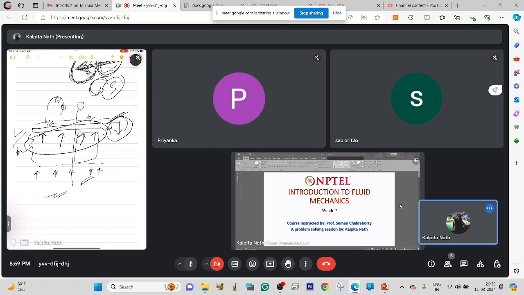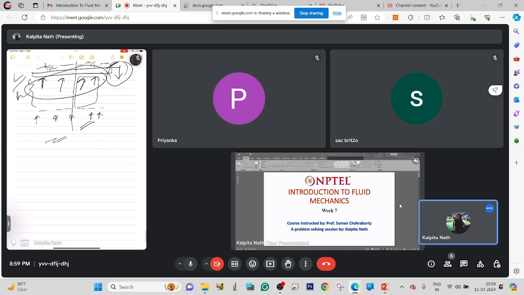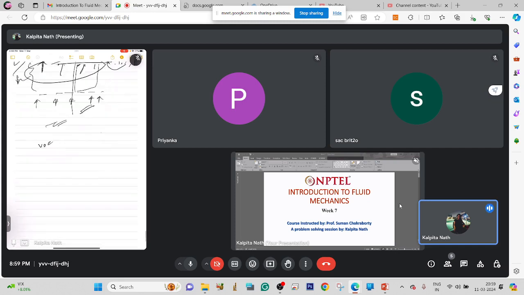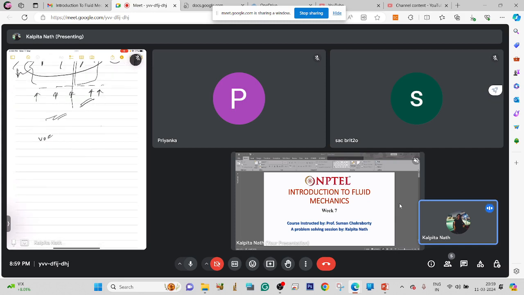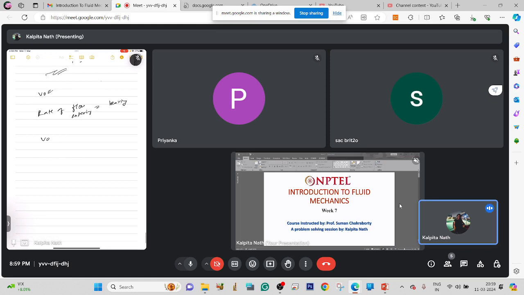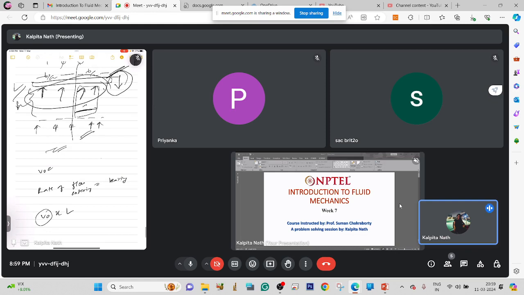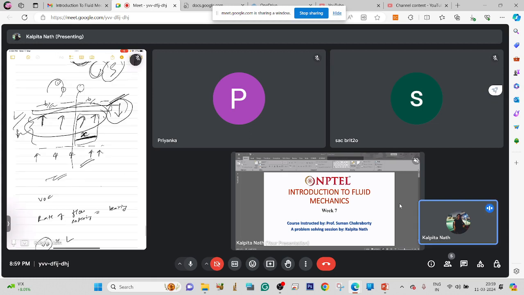So let's suppose V naught is the velocity of the initial fluid entering from the bottom plate. In the previous week also we did the same question: the rate of flow entering is equal to the rate of flow leaving. The rate of flow entering is V naught, the initial velocity, multiplied by X L. This is X, the control volume, so X multiplied by L is this distance.